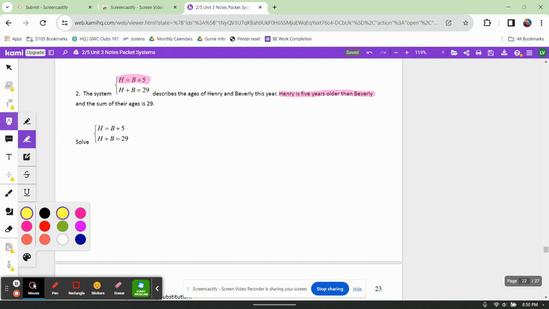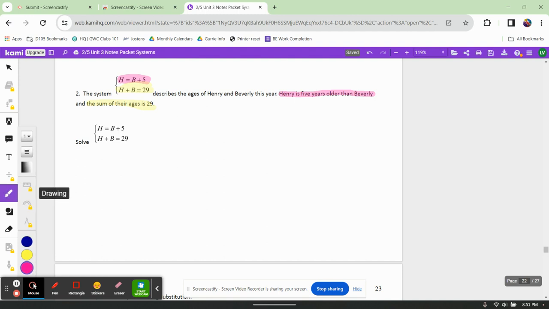Now we're going to take the second equation. The sum of their ages is 29. Sum means addition. So when we add Henry and Beverly's ages together, that gives you a total of 29. So we're going to use this information to figure out how old is Henry and how old is Beverly right now.